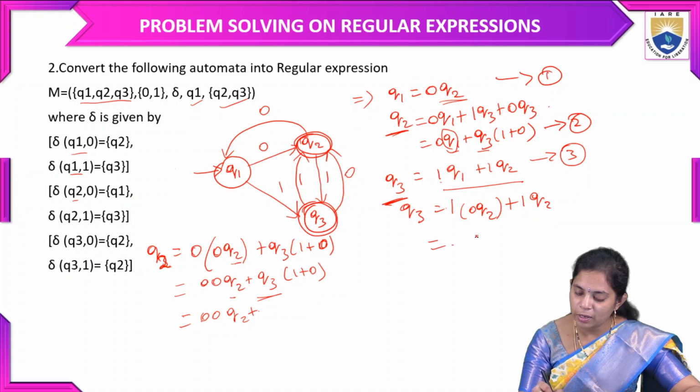And if you take the common Q2, so Q2 as a common, 1, 0 plus 1 is the thing. So this is the fourth equation we can assume. So here Q3 is this one.